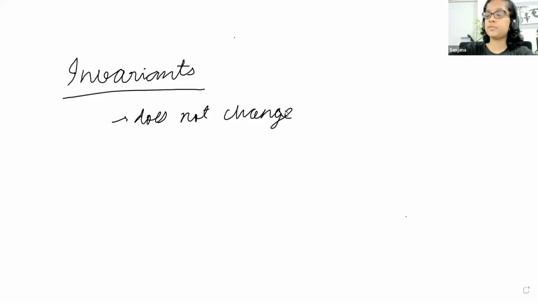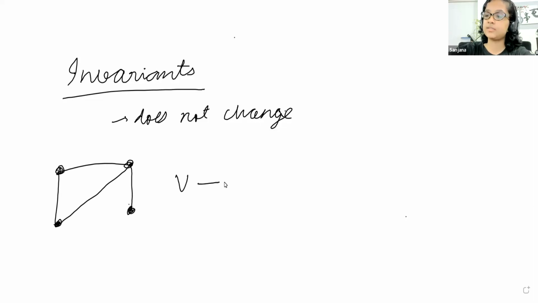An example of an invariant is Euler's theorem in graph theory. Suppose you have a graph in which none of the edges intersect. It's called a planar graph. The theorem states that the number of vertices minus the number of edges plus the number of faces is equal to 2.